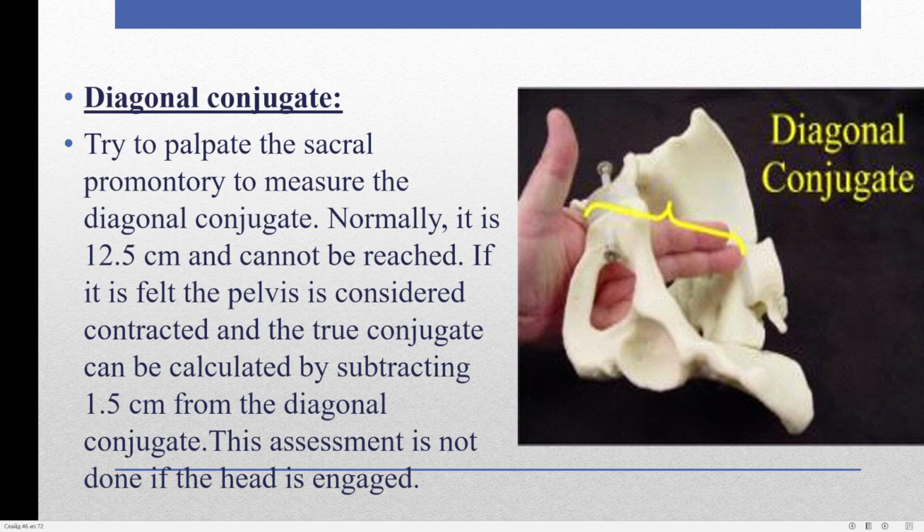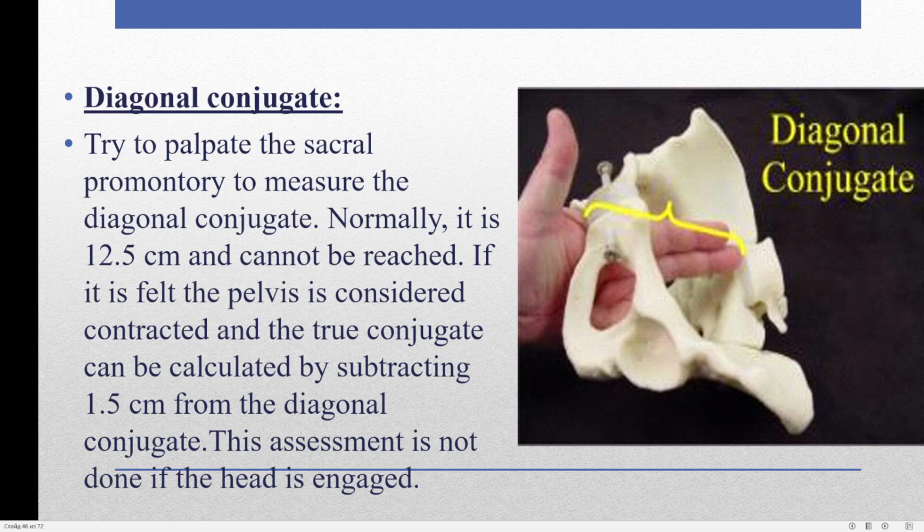Next, the diagonal conjugate. Try to palpate the sacral promontory to measure the diagonal conjugate. Normally it is 12.5 centimeters and cannot be reached. If it is felt, the pelvis is considered contracted, and the true conjugate can be calculated by subtracting 1.5 centimeters from the diagonal conjugate.